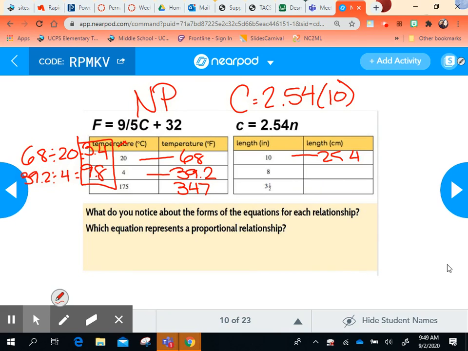One of you. 20.32. Thank you. 20.32. And the last one. 8.89? Yes. Okay, so we're going to do the same thing. We're going to find the unit rate by doing what? Dividing. Go ahead and divide the first two rows and see what it gives you.